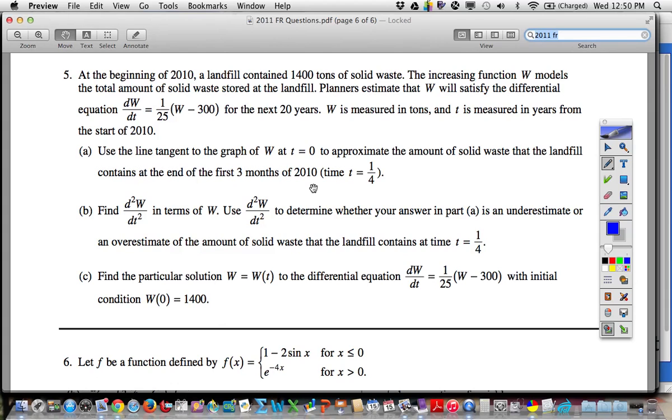Get out 2013 while you're at it. We'll do one that's in that packet as well.